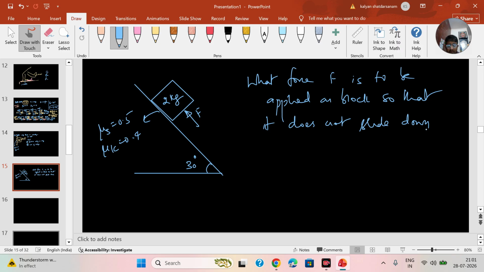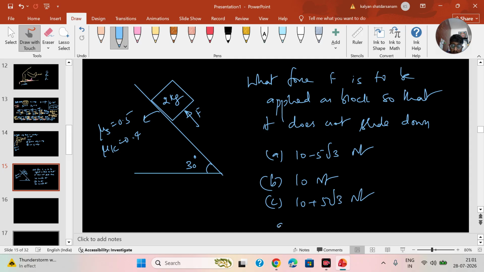Now, without applying force, will it slide down? Let's check it. Suppose you don't apply any force. I am giving you four options, by the way. 10 minus 5 root 3 Newton, 10 Newton, 10 plus 5 root 3 Newton, and 11 Newton. These are the options.